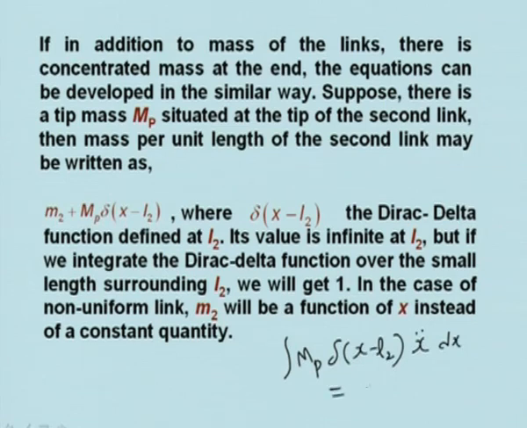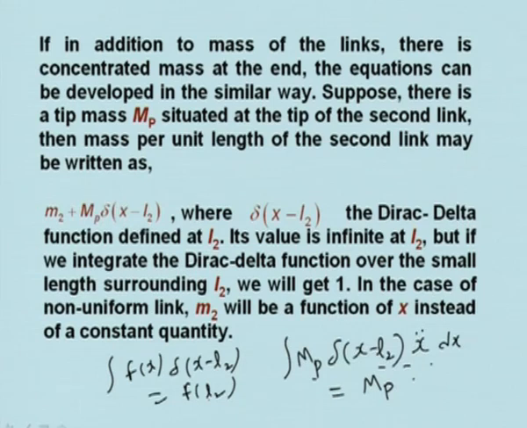It will simply become MP times the value of that function at L2. That means if you have a function f(x) multiplied by delta(x minus L2), this is nothing but the value of the function at L2.